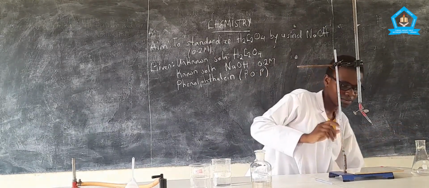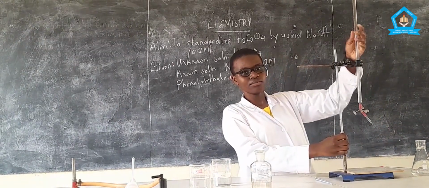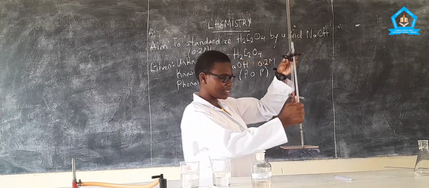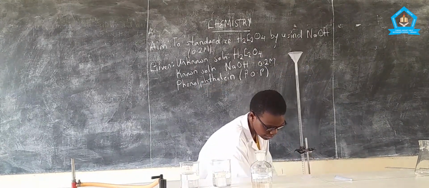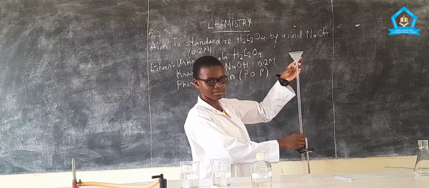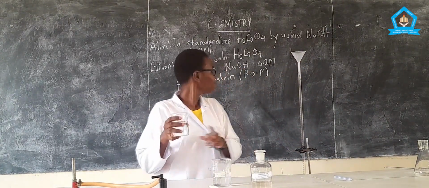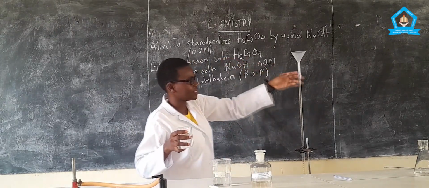We already have our base in the conical flask. After that, we have to fill our burette. I will lower my burette and it will stand at a lower section so as to fill it. I'm going to take my oxalic acid and fill it.